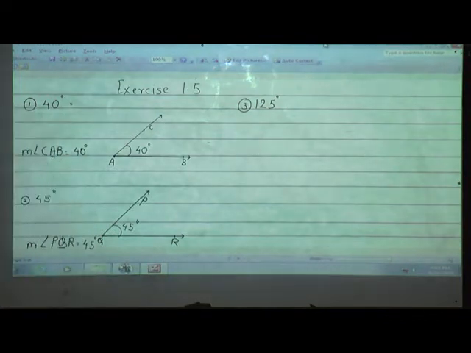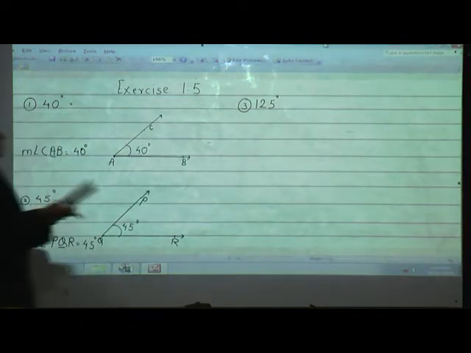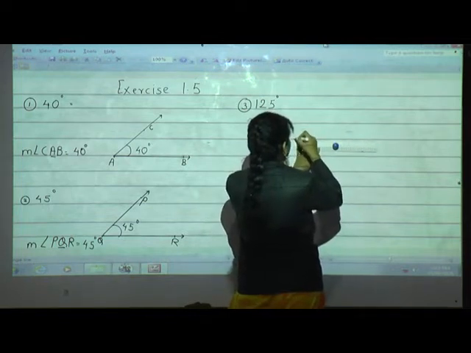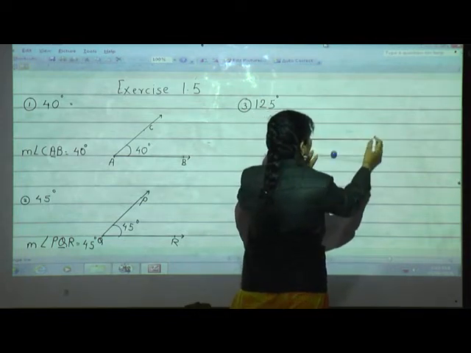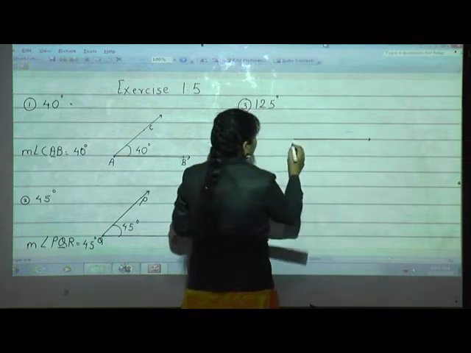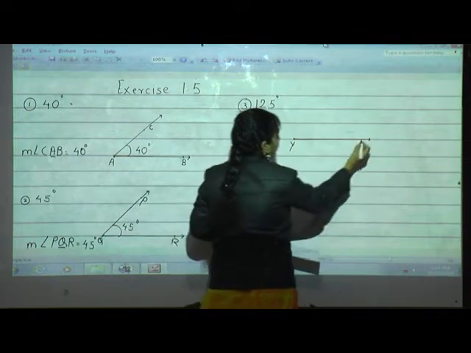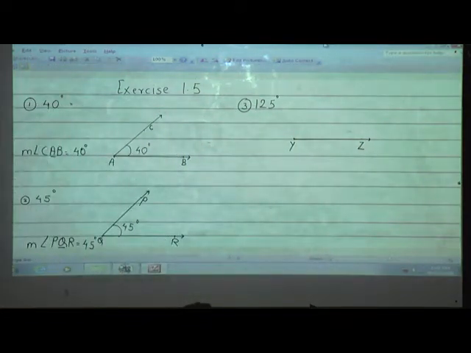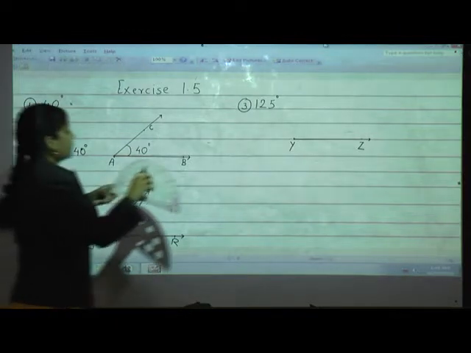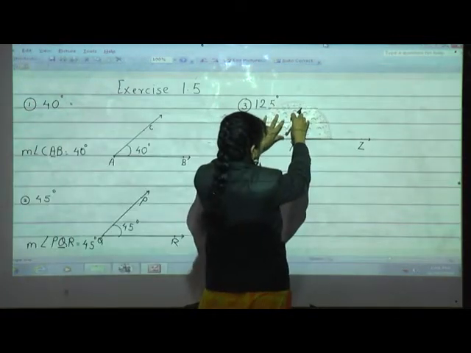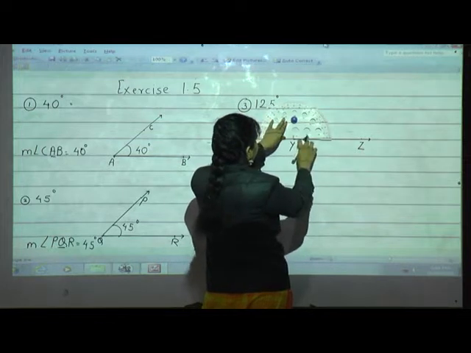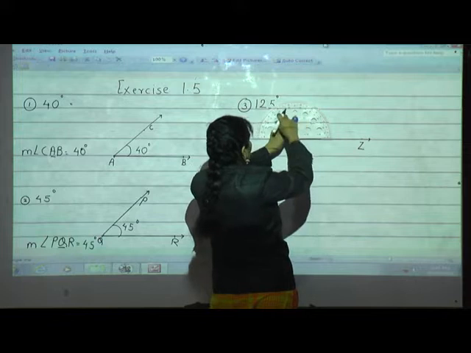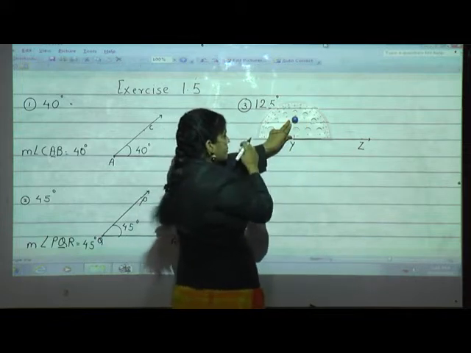Again, draw one ray, Y, Z. Then take the protractor, place it on ray YZ and make a point on 125 degrees. Where is it, students?